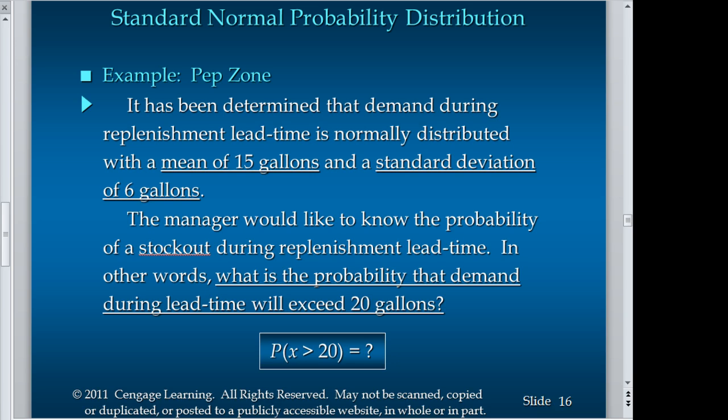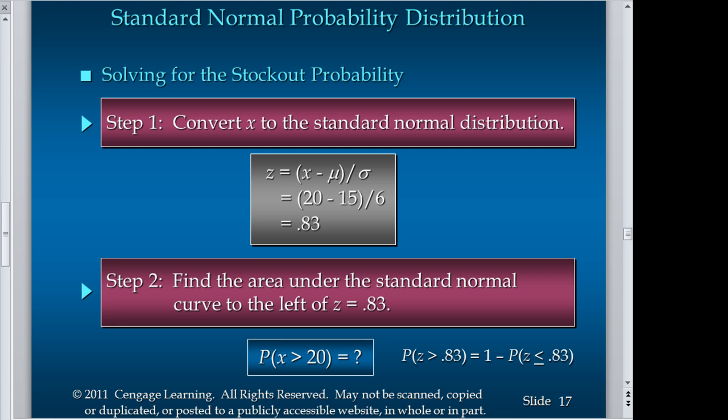You will not be able to figure out this probability directly, but if you convert this into Z with that formula, X, which is 20, minus 15, which is mu, divided by 6 is 0.83. So your Z becomes 0.83.